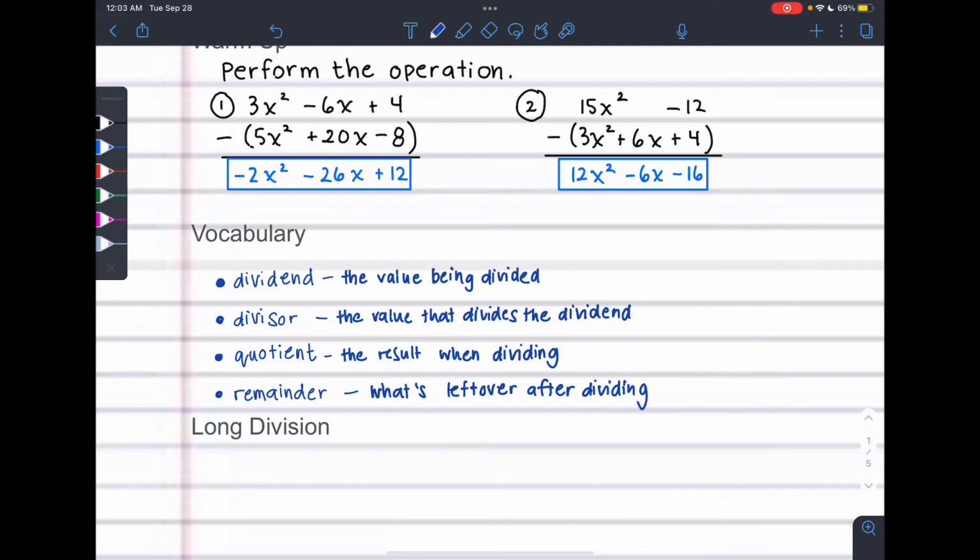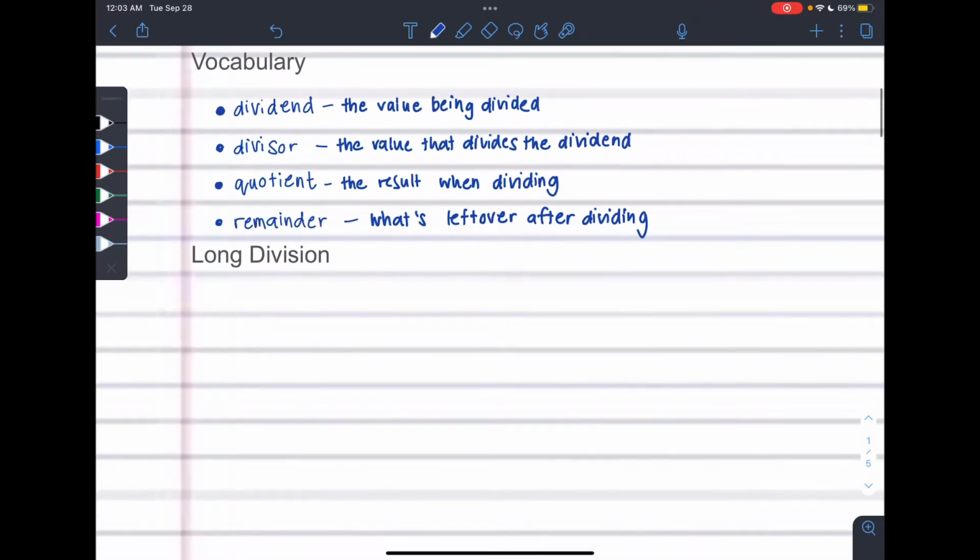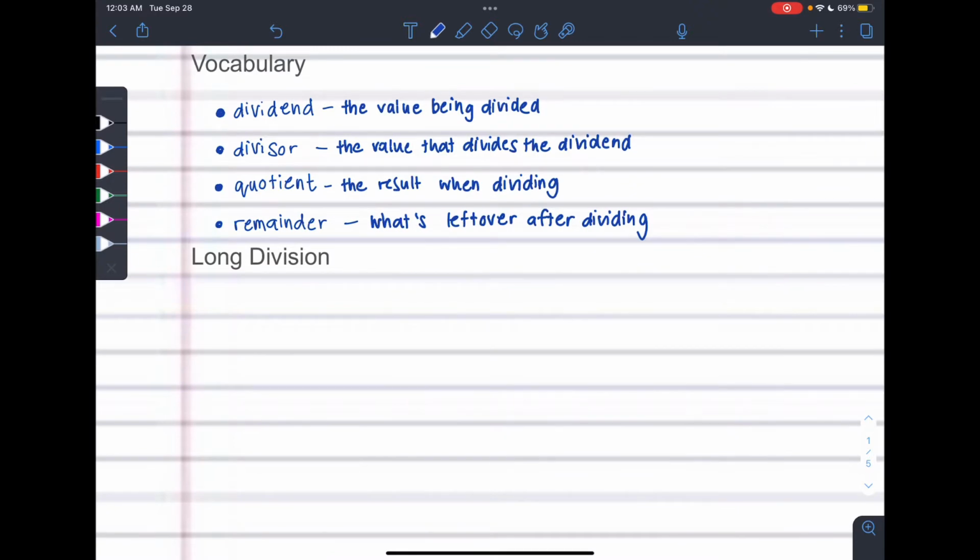Okay. So let's look at a basic example here and we can identify all of these parts in a long division problem. Let's try 7 divided by 3. Okay.